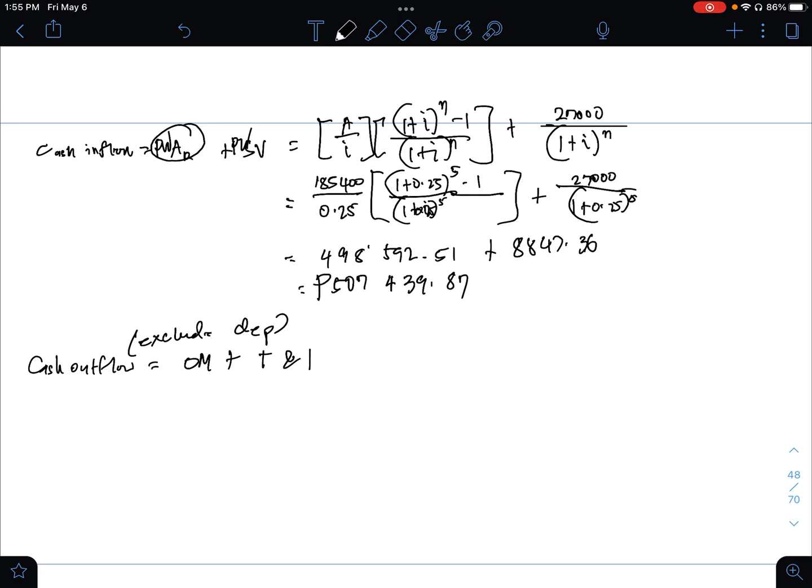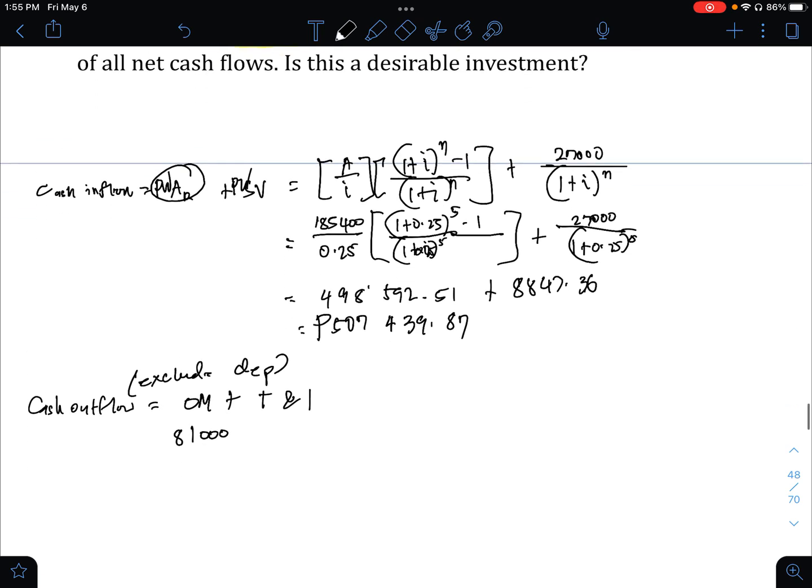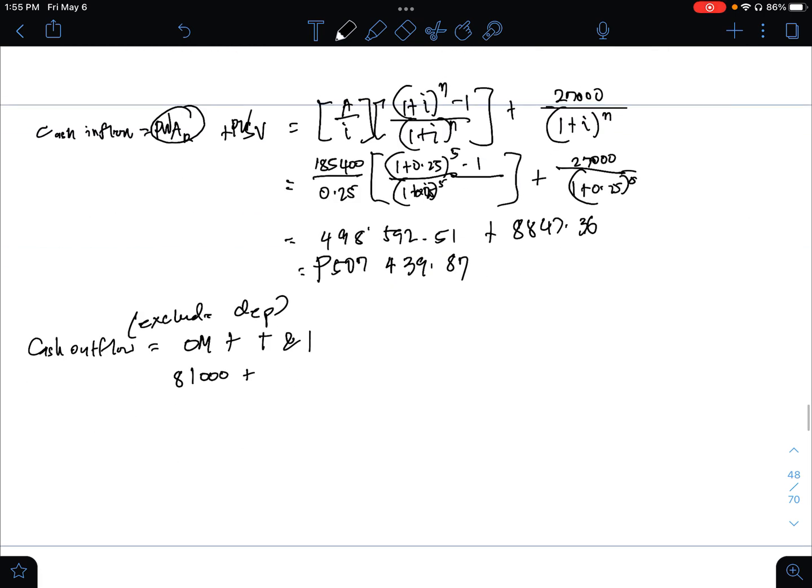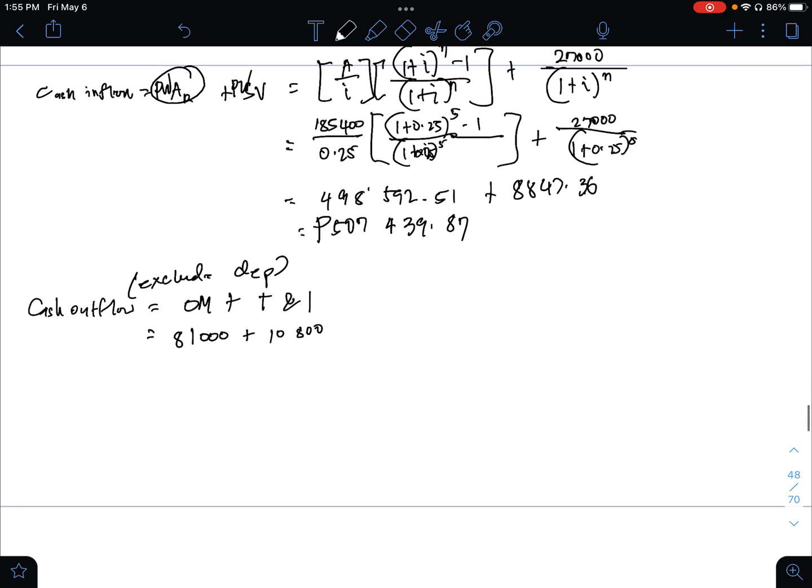So, that is operation and maintenance, that's 81,000, I think. Plus, tax and insurance is 4% of 270,000, times 0.04. That's 10,800.